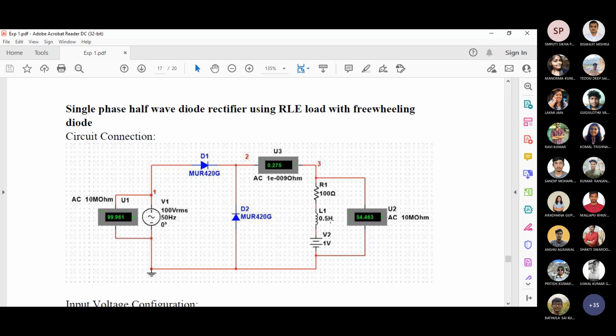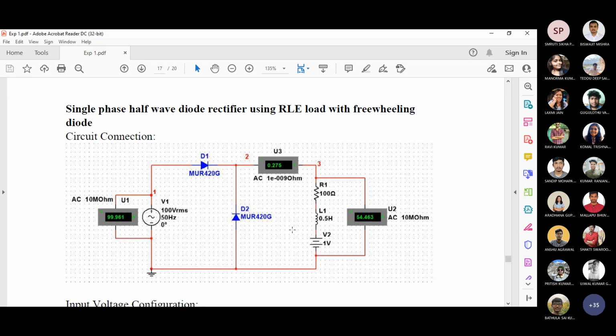Here only a 0.5 Henry inductor value is there, so you need to increase the inductor value. Suppose you take 10 samples: 0.5 Henry, then 1 Henry, 1.5 Henry, 2 Henry, then 5 Henry. That is your positive side.